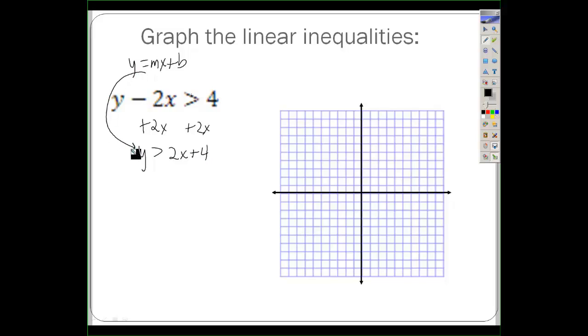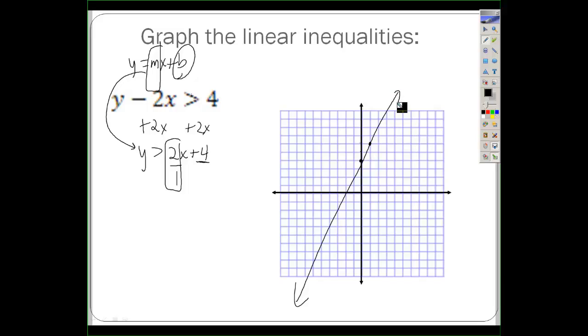And now it looks like my linear equation, where b is the y-intercept, m is the slope. So I'm going to start at my b value, positive 4. I'm going to use my slope, rise over run, up 2 over 1. They're both in the positive direction. So I have my 2 points, and now I'm going to go ahead and make my graph.